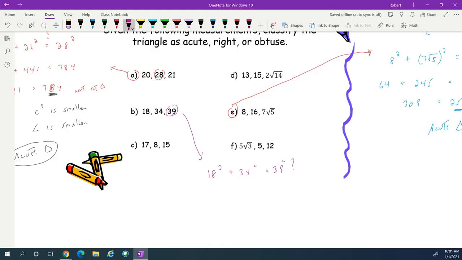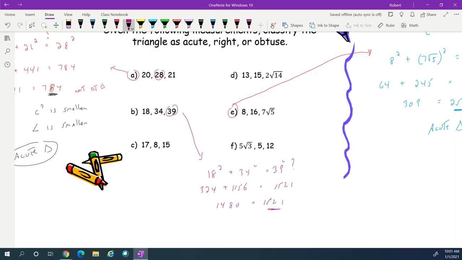So 18 squared, 324, 34 squared, 1156, and 39 squared, 1521. So let's see, maybe this one will work out to be obtuse, just so we can see an example of it. 1480, 1521.